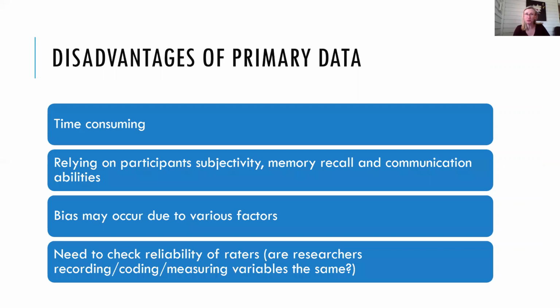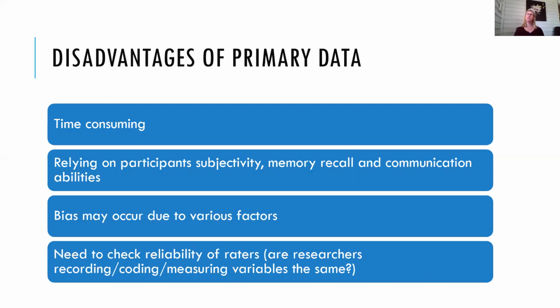But it is time consuming. It's relying on participants' subjectivity and availability. If we're asking people to recall things from their past, they could have a lot of memory loss or incorrect memories of things that happened in their childhoods, and that could really affect the data that we get. Obviously, if we as the researcher have something in mind, we could have researcher bias present.